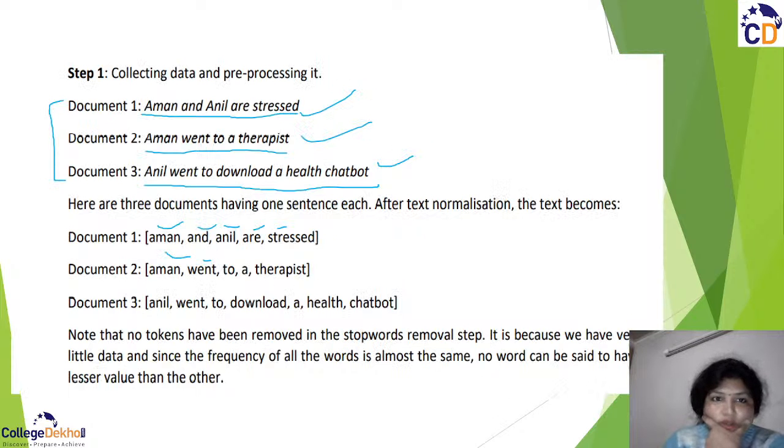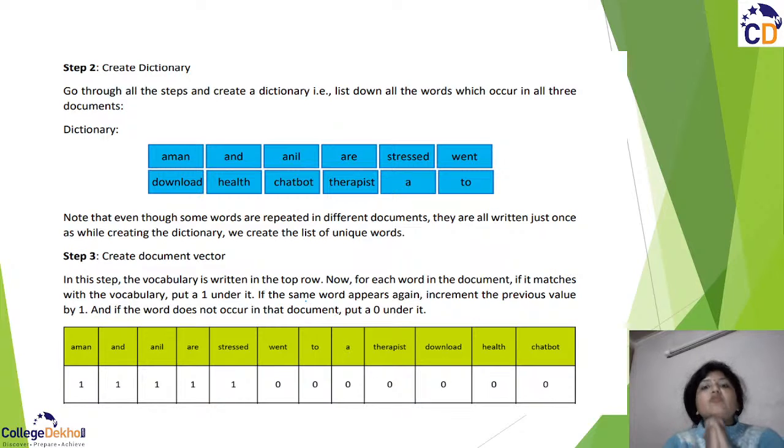Here you can see that "to" and "a" are coming twice, but in the list of the dictionary, when we create it, we write them just once, because later on we will check them in the document vector. So go through all the steps and create a dictionary.